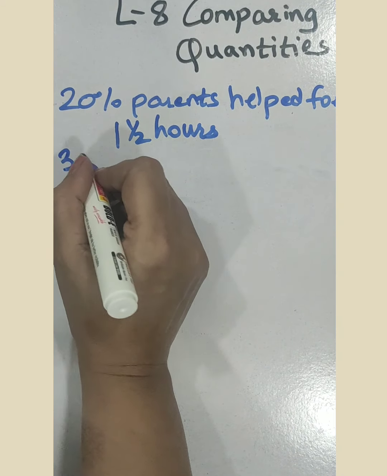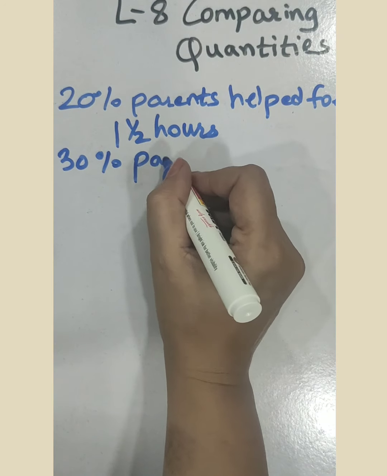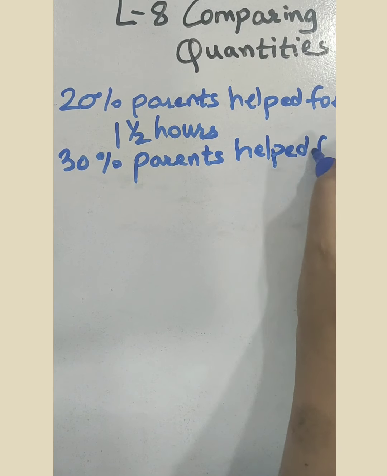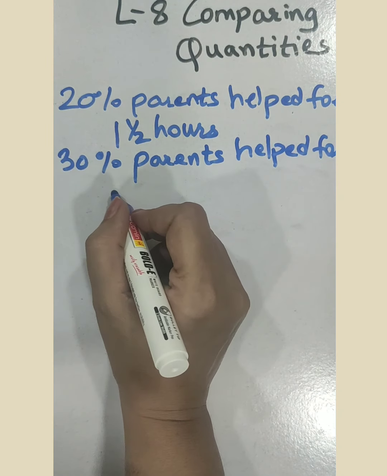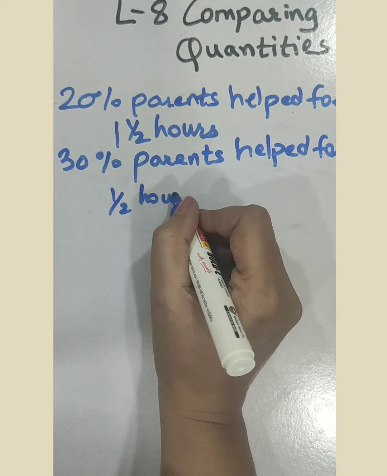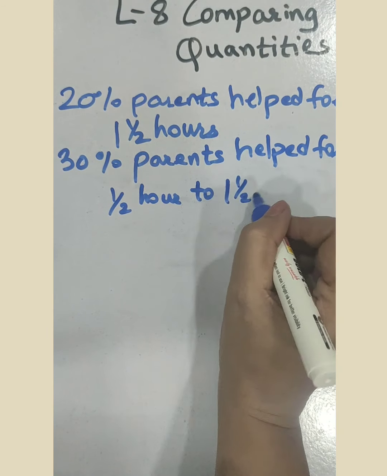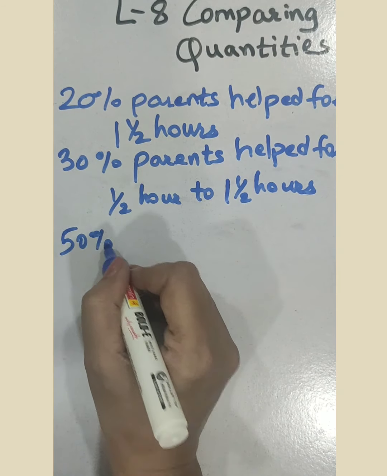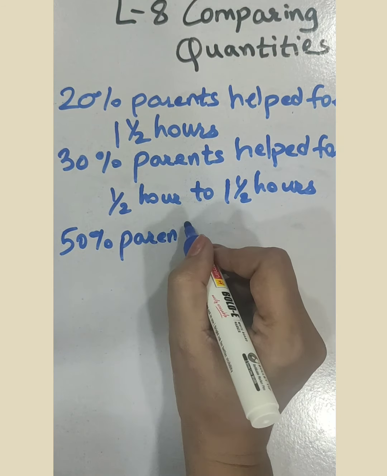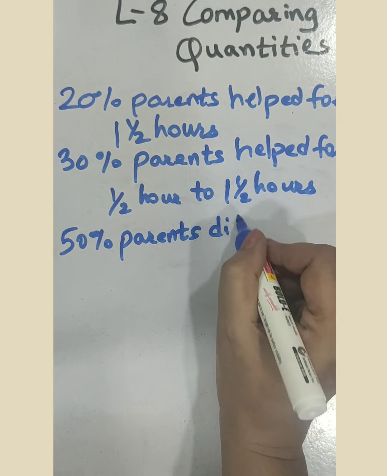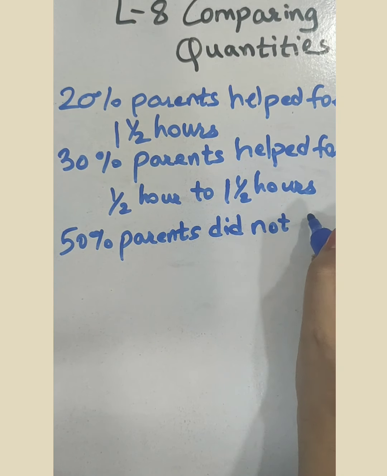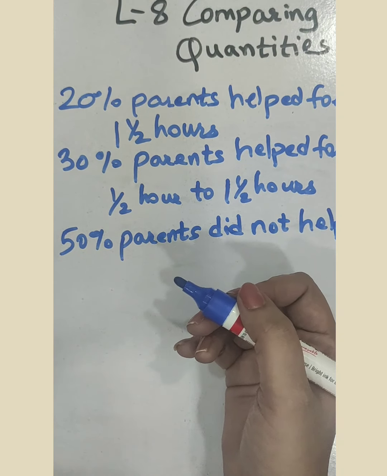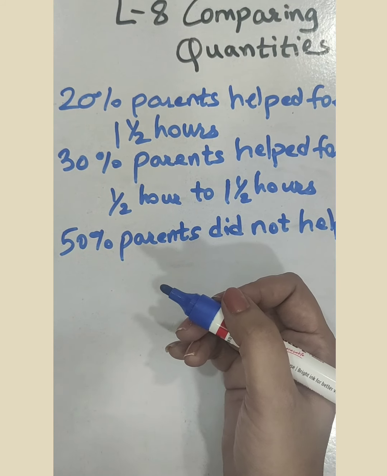Similarly, 30% parents helped for half hour to 1.5 hours, and 50% parents did not help at all. Now my first question is to find the parents who were surveyed. Total number of parents we have to find.